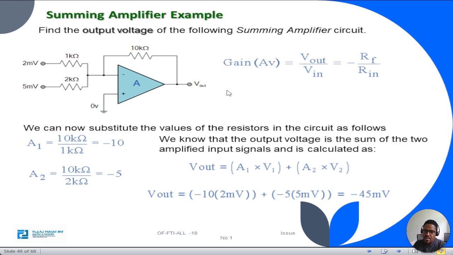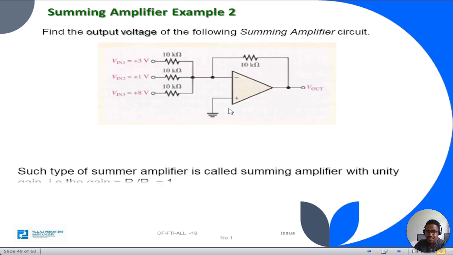So our output becomes 45 millivolts. So 2 millivolts plus 5 volts is 7, but that is our input and feedback resistor is different. So the summing output of this circuit becomes negative 45 millivolts.